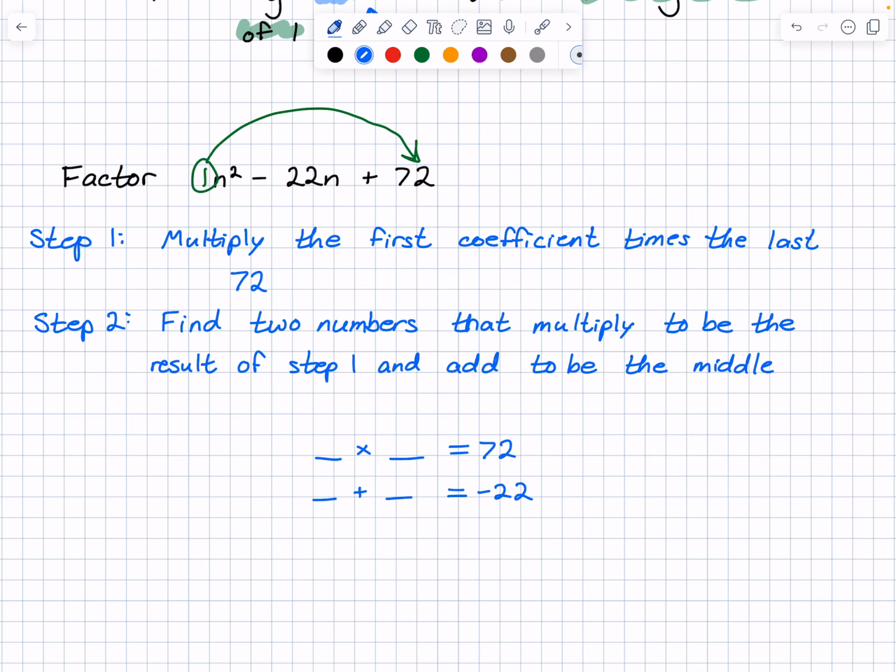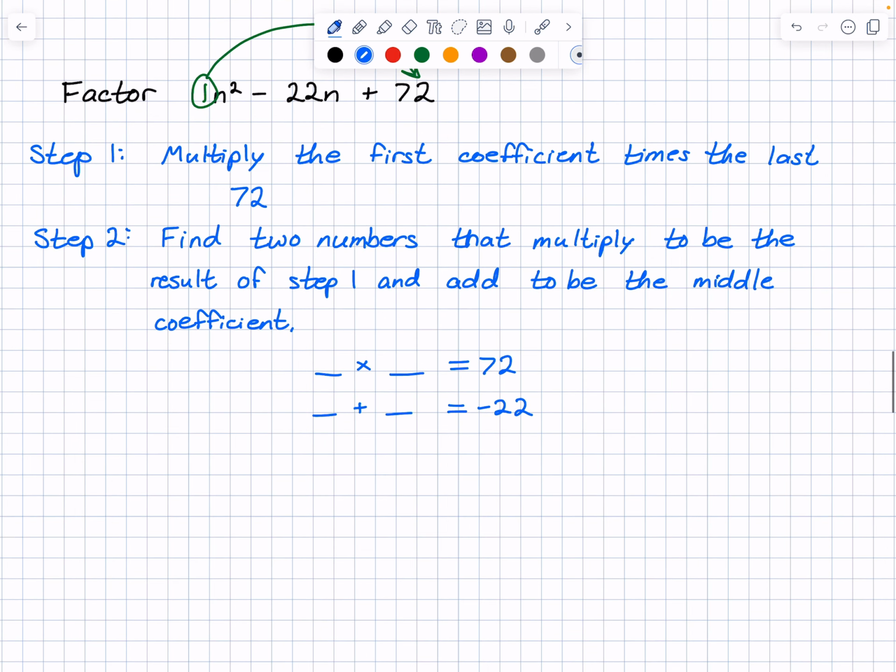In this case, my middle coefficient is negative 22. So they multiply to be the result of step 1, in this case 72, and they add to be the middle coefficient, negative 22. Now this is the hard part.